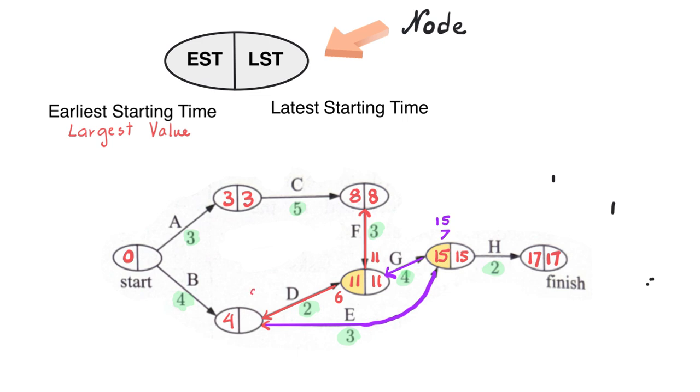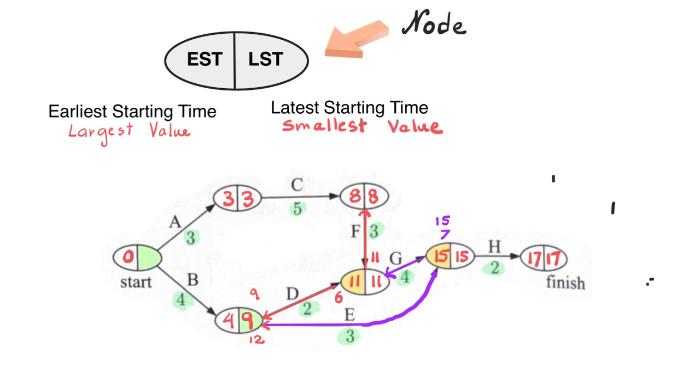And I'll just note this down above here. And if we start from here, then 15 take away 3 will give us a value of 12. Unlike going through the forward scan, this time we're going to take the smallest value, which is 9.